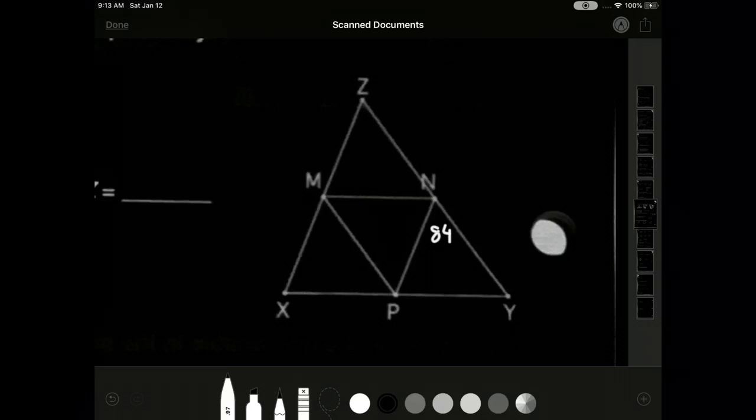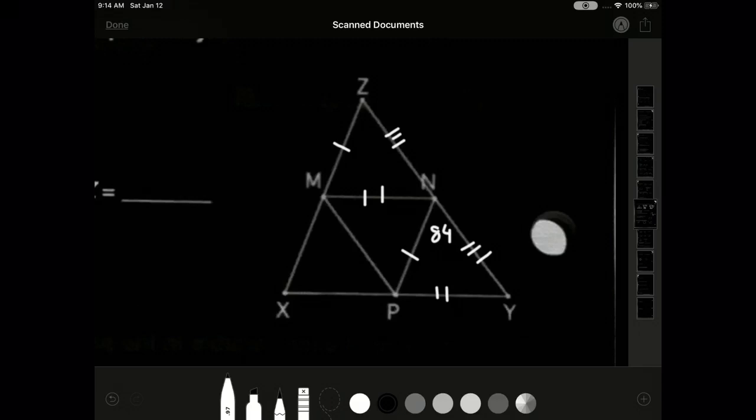If we take a look at our triangles, this one gets 3 tick marks, this one gets 2, and this one gets 1. That's what we had before, right? This guy also gets 3 tick marks. This one gets 2, and this one gets 1. These triangles are congruent by side, side, side.